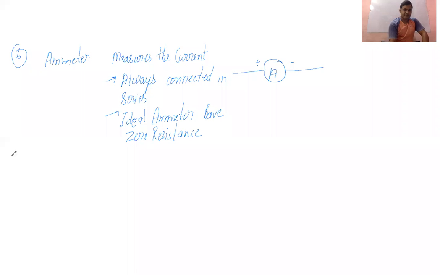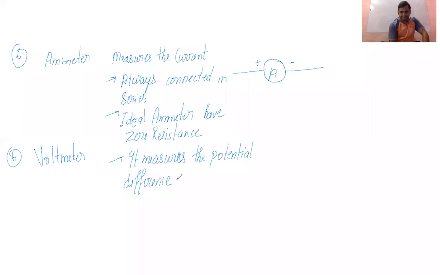This is the ammeter. Next is your voltmeter. What does it measure? It measures the potential difference across the electronic appliances. It is always connected in parallel.